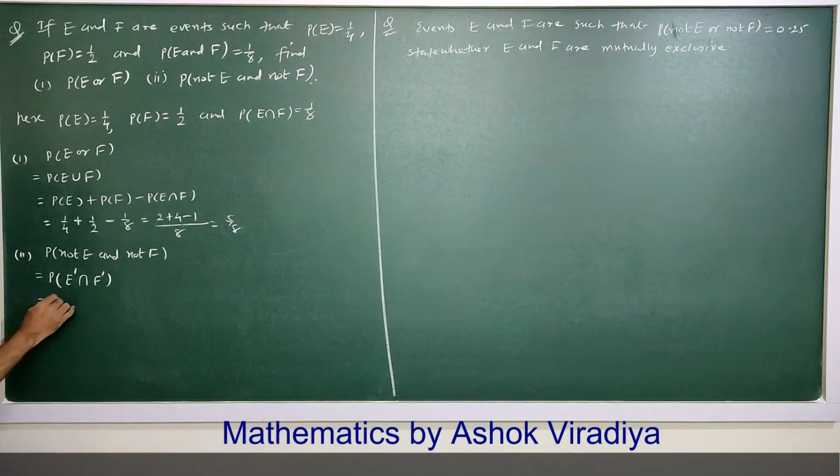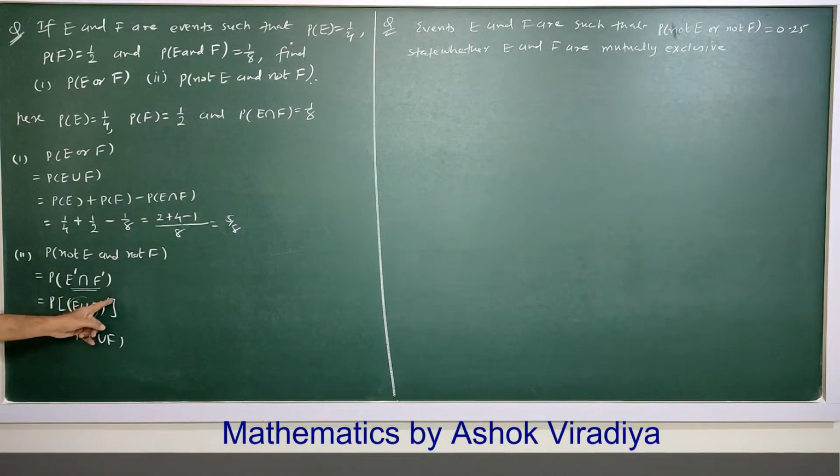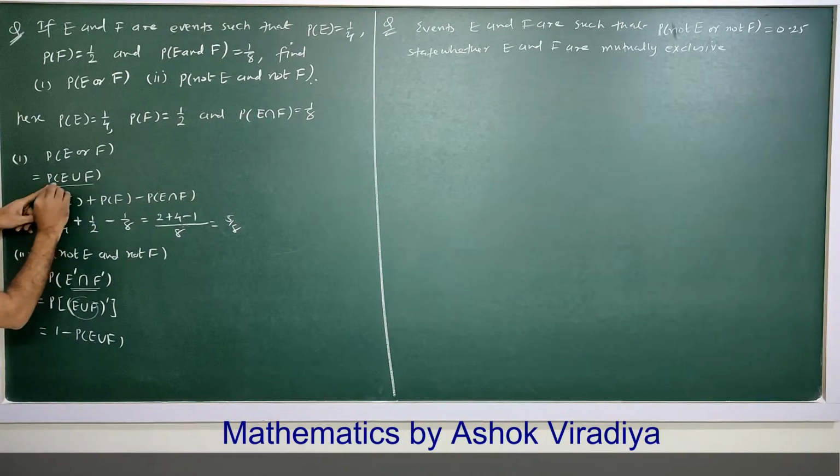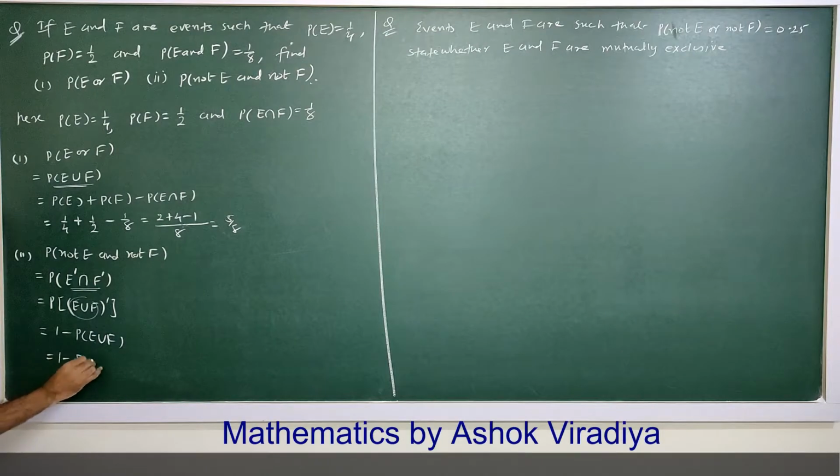So now by De Morgan's law, this can be expressed as E union F whole dash. Now the probability of any event A dash is 1 minus P of A. The value of this is given; we have already found P of E union F as 5 by 8. So we put 5 by 8 here. So this is 3 by 8.